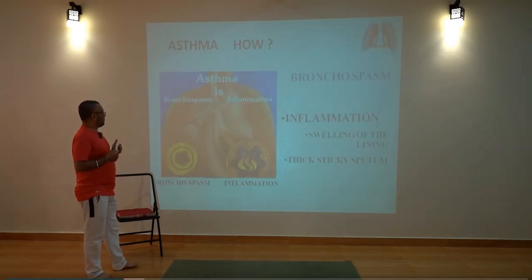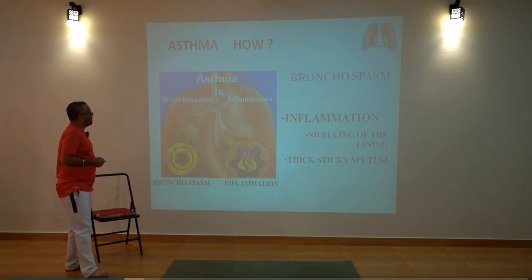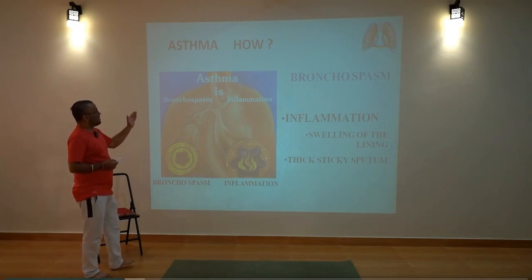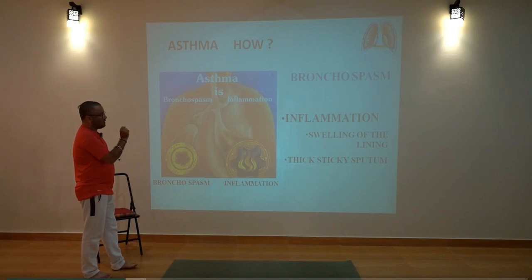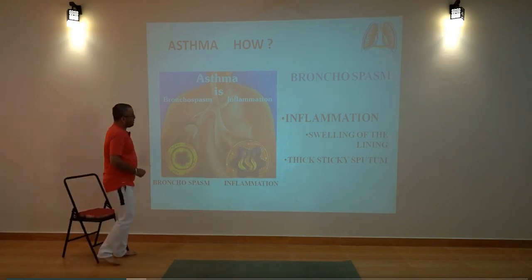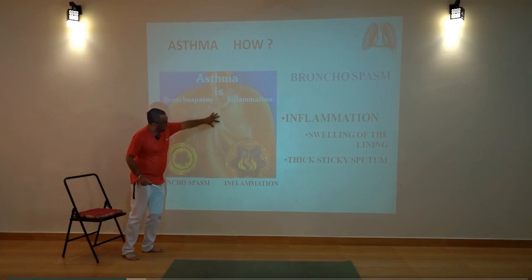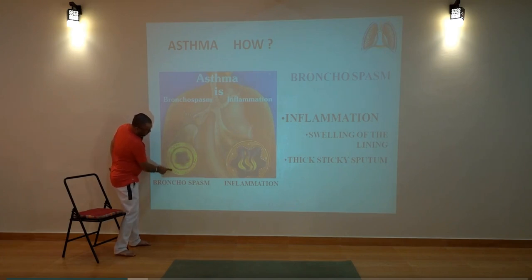Asthma, how? Asthma is bronchospasm plus inflammation, swelling of the lining and thick sticky sputum. If you look here, the shape and size, here it constricts. When it constricts, something is restricted, it's narrowed, and you can see this bronchospasm.